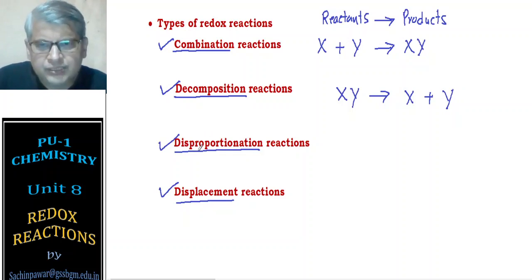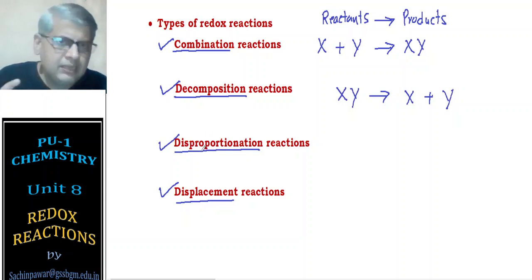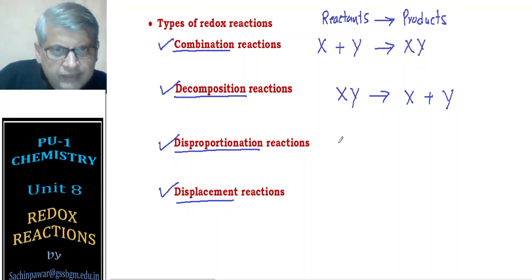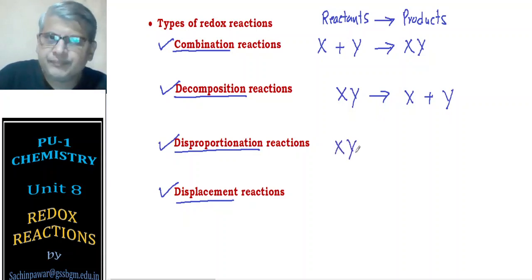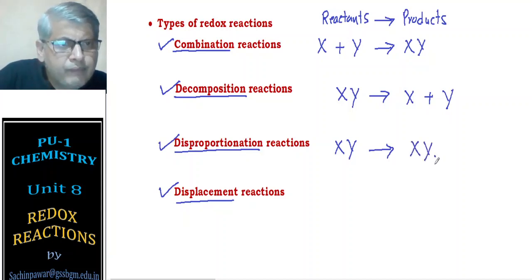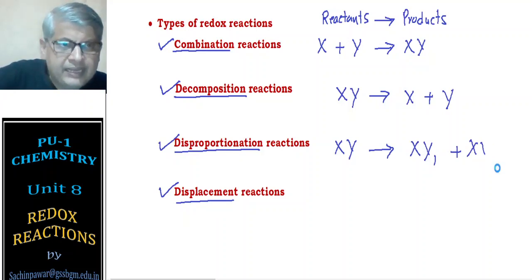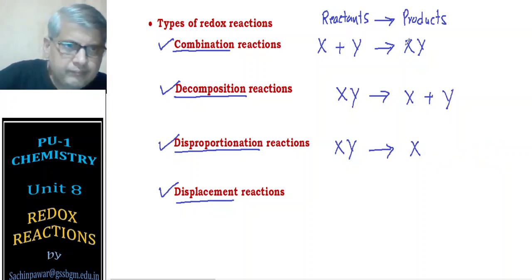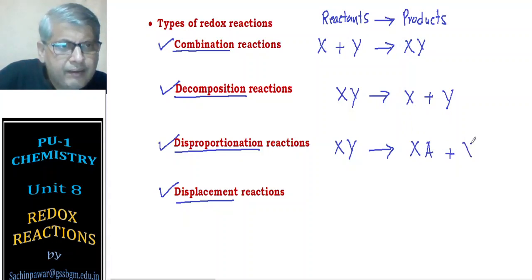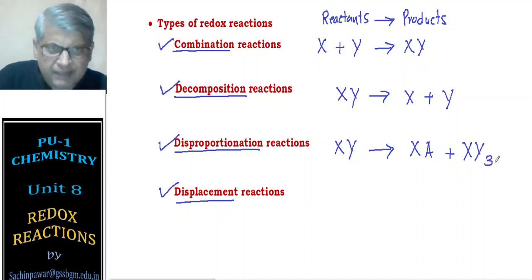Disproportionation reaction is slightly different. Here suppose I have a compound XY, and it forms two compounds, say XA and XY3. I'm just giving an example.